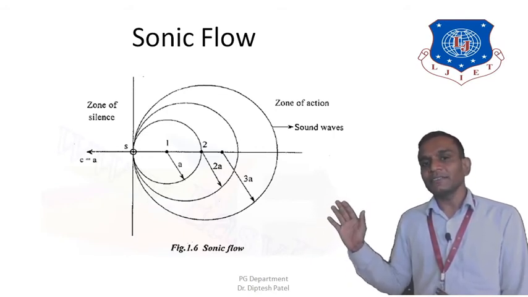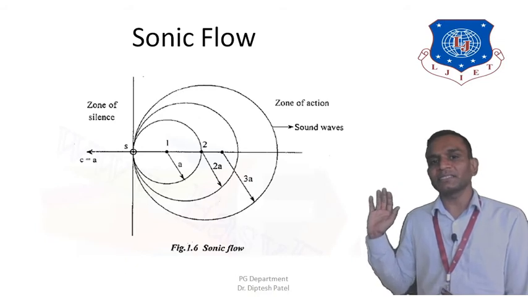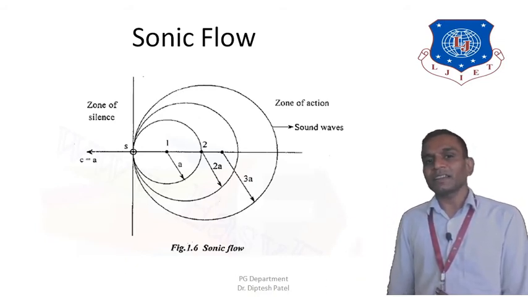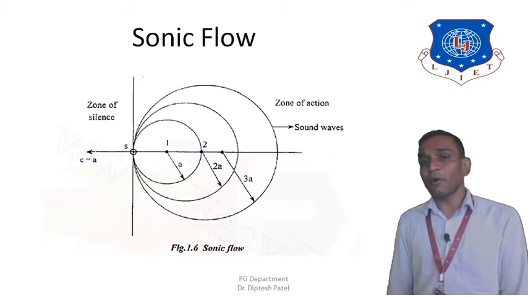Since these waves are initiated from point S and move toward the right hand side, the region on the right side of the point S is known as the zone of action.